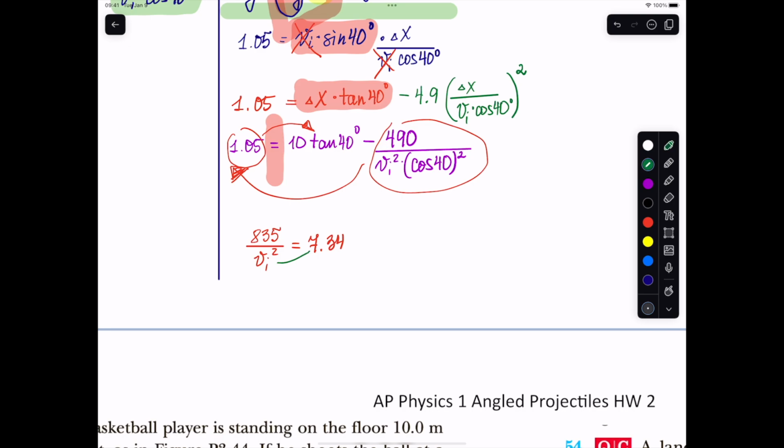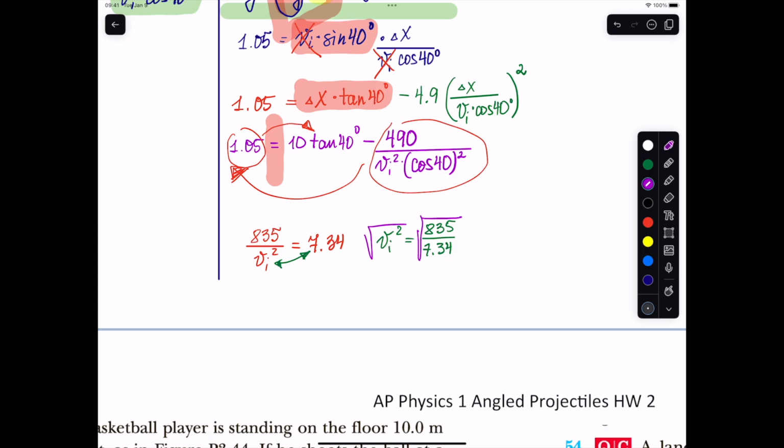And then, since I'm looking for something in the denominator, it's a simple swap. You want to get somebody out of the dungeon, you have to sacrifice something else. So there we go. We swap these, and I get V initial squared equals 835 over 7.34. And then if I root that, I end up with my answer.